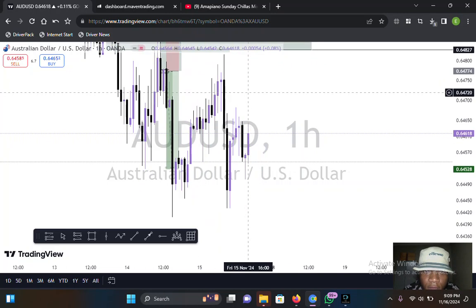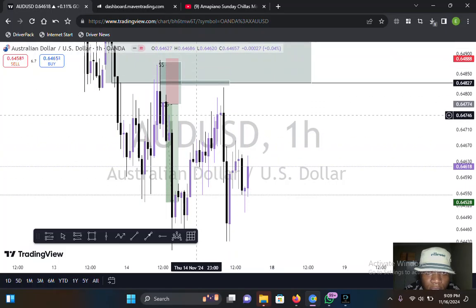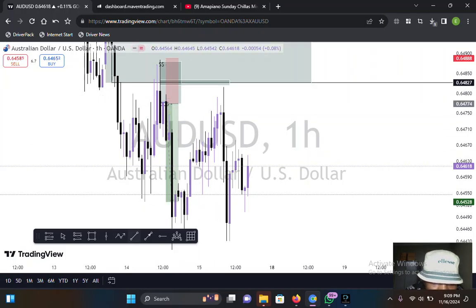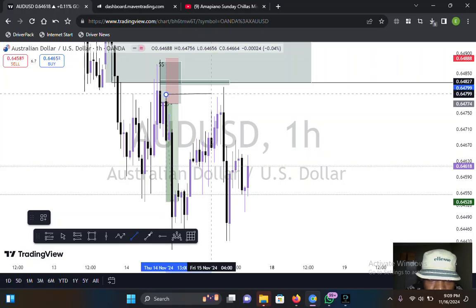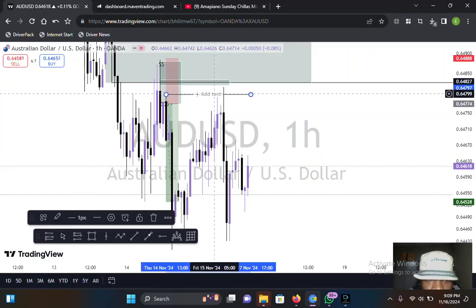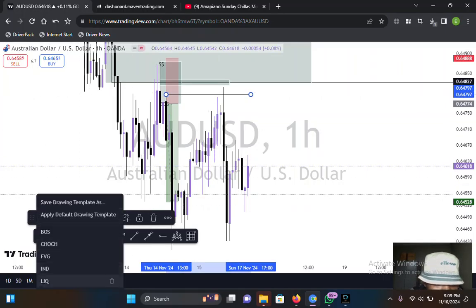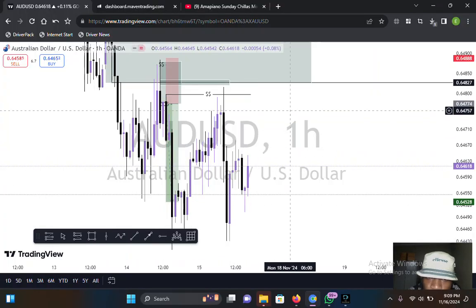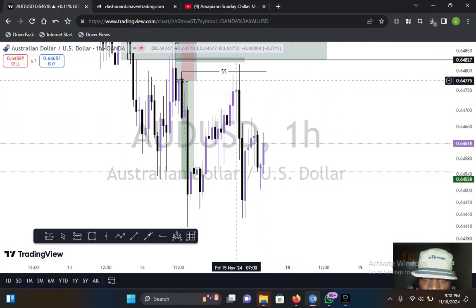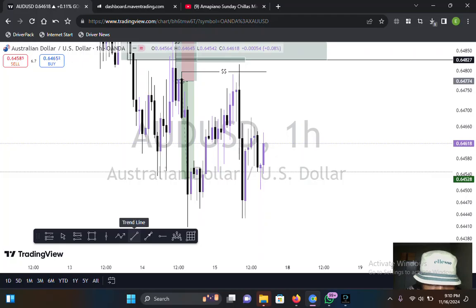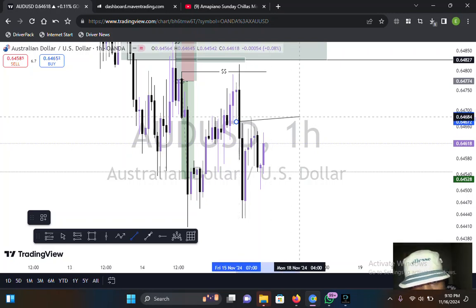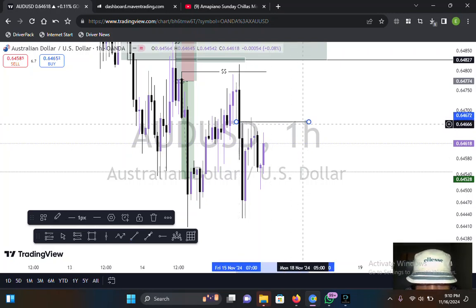So even here, price came again to sweep this liquidity that was created here. So after creating that liquidity, break of structure, good.